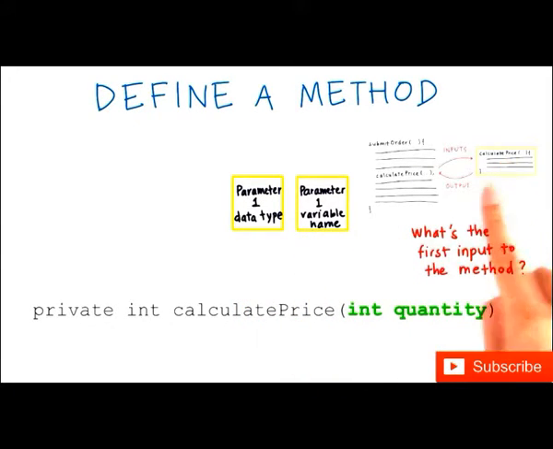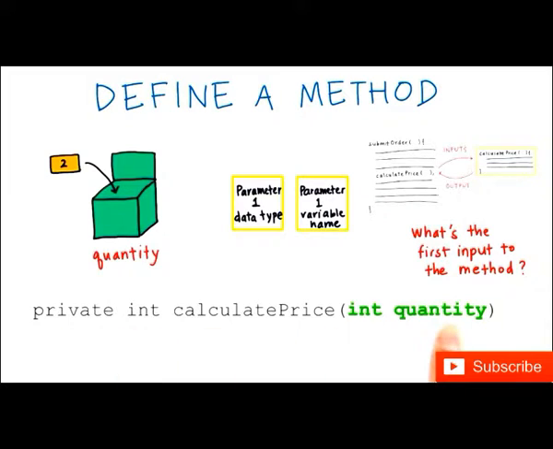So from the diagram of inputs and output, this is going to be the first input to the method. Within this method, then you can refer to the quantity variable, and it's just like any other variable where it already has a value inside of it. The value comes from when you initially called the method and you passed that input in.